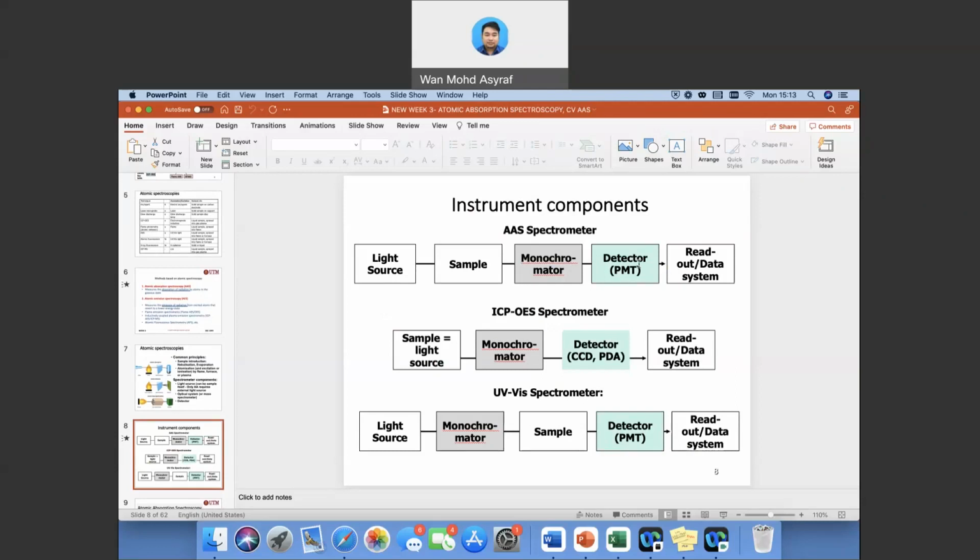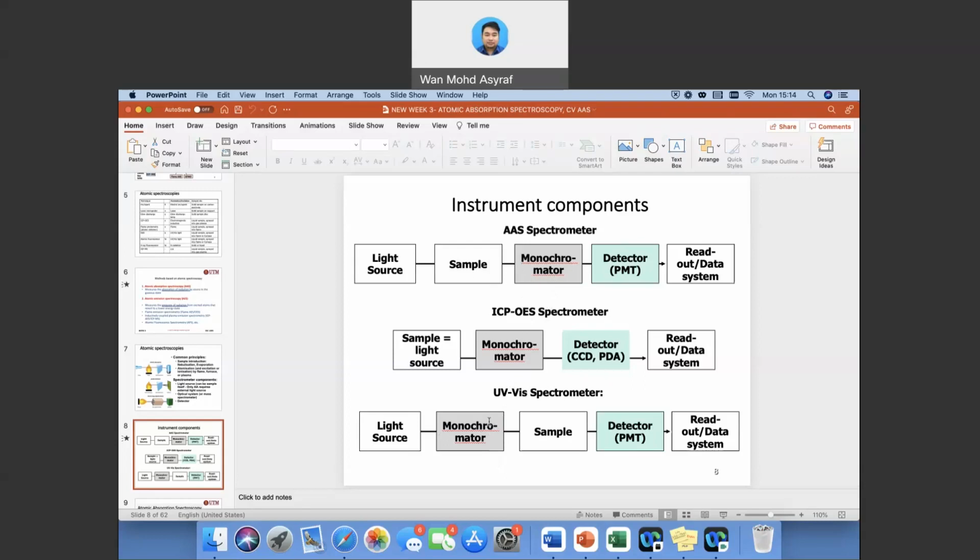You notice that the difference between AAS and UV-Vis is that the monochromator is at a different position. In AAS, the monochromator is after the sample, while in UV-Vis, the monochromator is before the sample.